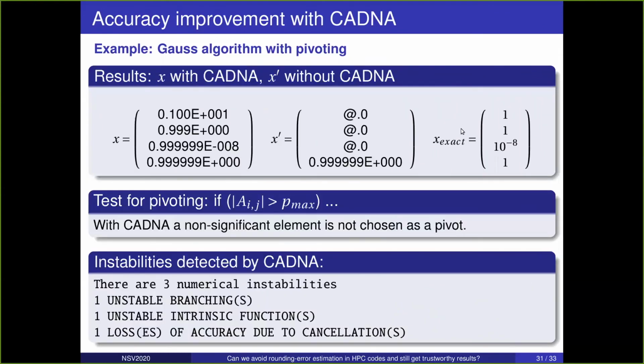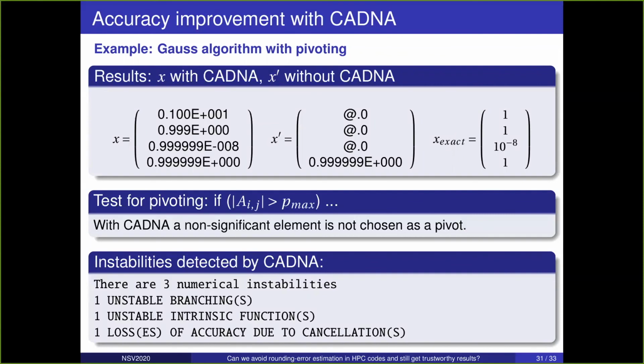And what happens here? There's a test for pivoting. And with CADNA, when you get a value A of ij, which is numerical noise, which is non-significant, then the answer of the test is false. So with CADNA, a non-significant element is not chosen as a pivot.